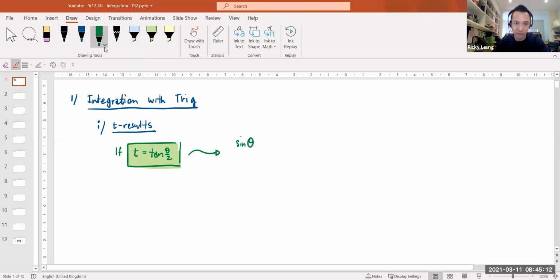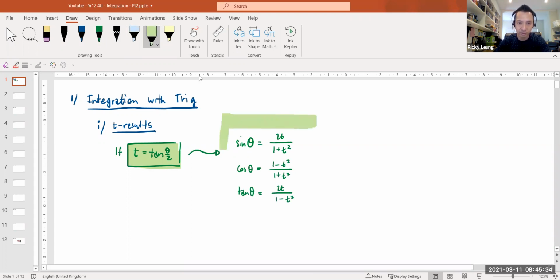Basically, if I have tan of the half angle equal to T, then sin theta equals 2T over 1 plus T squared, cos theta equals 1 minus T squared over 1 plus T squared, and tan theta is 2T over 1 minus T squared, right? So that is given.